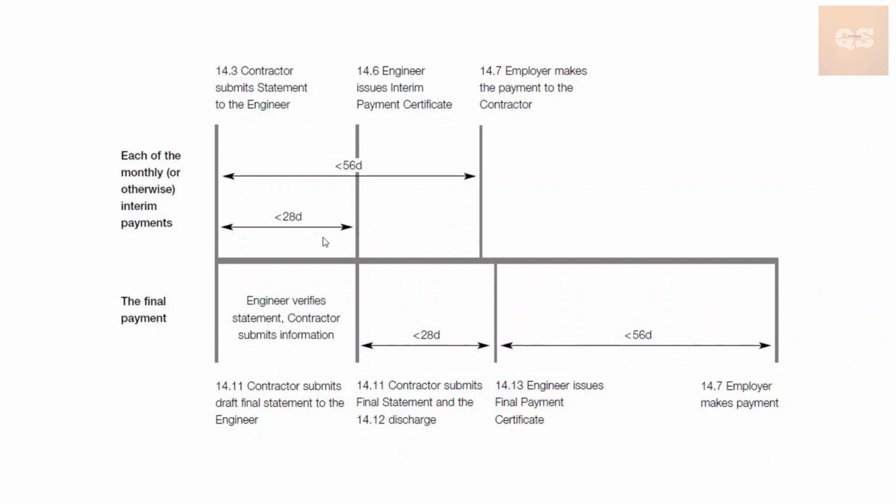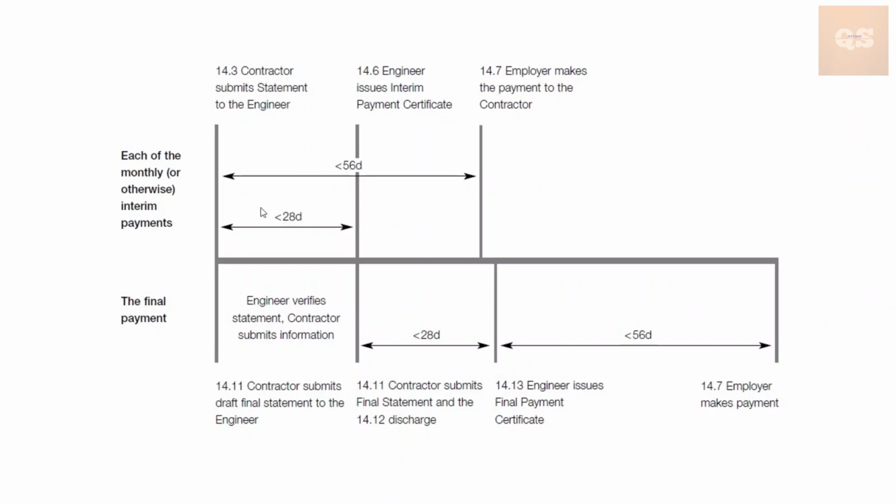In this 28 days, the engineer or the consultant, usually the consultant is termed as engineer as per FIDIC, will go through it, verify all the documents, check the calculations, and do a detailed study of the payment application that has been submitted, and based on their valuations they will provide a payment certificate.